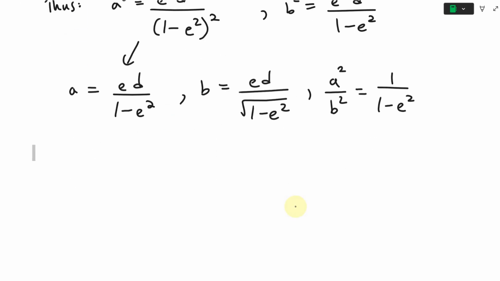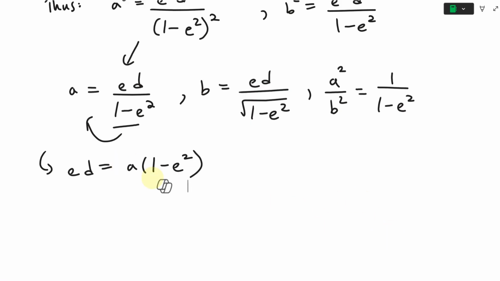All right, so now I'm going to take this right here and multiply it inside there. So what we get is ED equals a times 1 minus e squared. And again, what is that equal to? Well, we know this 1 minus e squared, you could just move it over to this side and flip these around.